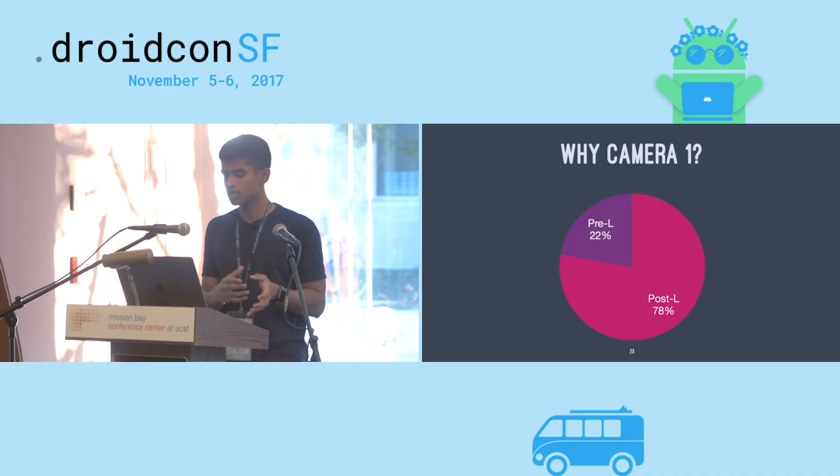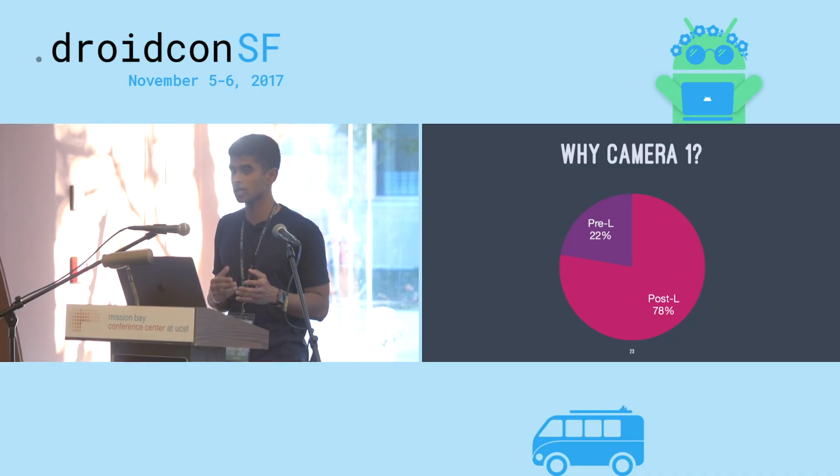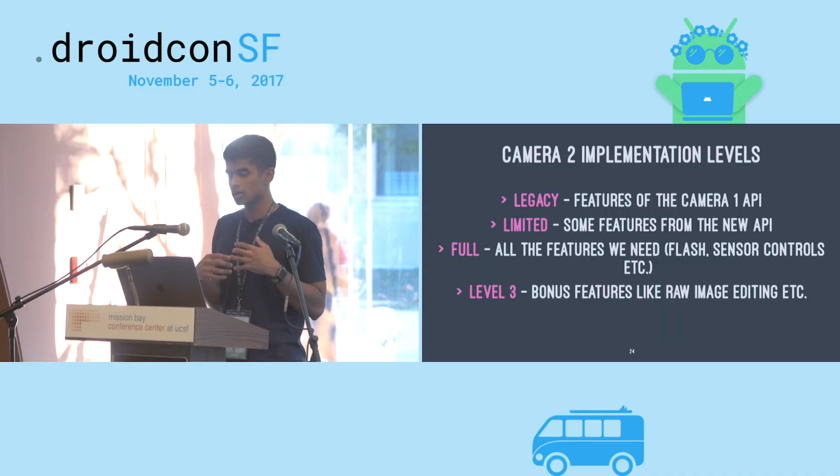So why do we also need to do camera 1? This is a good graph. Firstly, if you don't, you're going to miss out on 22% at minimum. But out of the 78%, if there are devices that don't implement the camera 2 API properly, there's a chance that you're going to miss out on those.